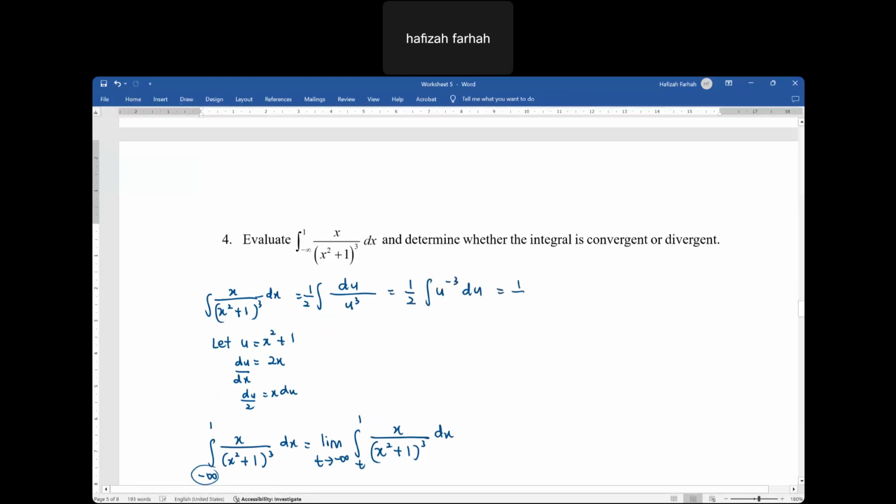You get 1 over 2 times u to the power of -2 over -2. Okay, so u is given as this. So -1 over 4, where your u is x squared plus 1, and then squared.